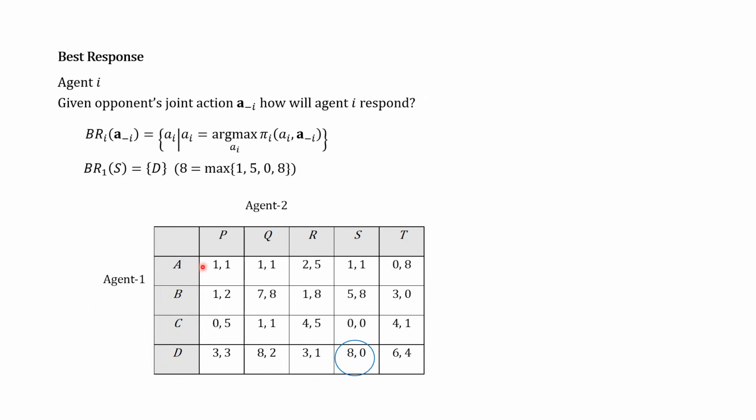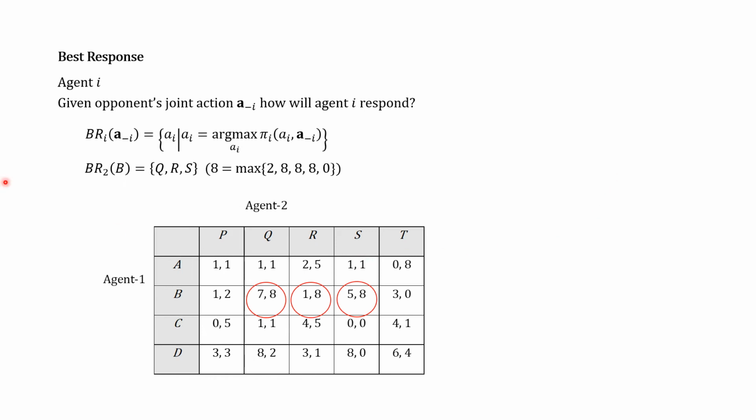So agent 1 would get payoffs of 1, 5, 0, and 8 for actions A, B, C, and D. And the one with the highest payoff is action D with a payoff of 8. So 8 is the highest payoff, and there's only one action, D, for that payoff. So the best response of agent 1 to action S by agent 2 is D.